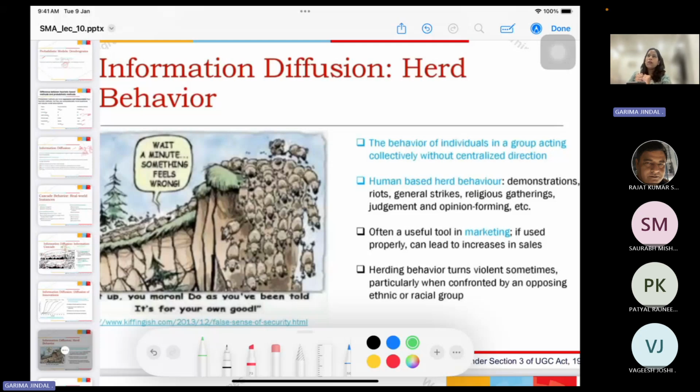Suppose I live in the US, where most people subscribe to Netflix more than Amazon Prime. So if I live in the US too, I will eventually opt for Netflix over Amazon Prime. So we try to follow what all our neighbors are doing.